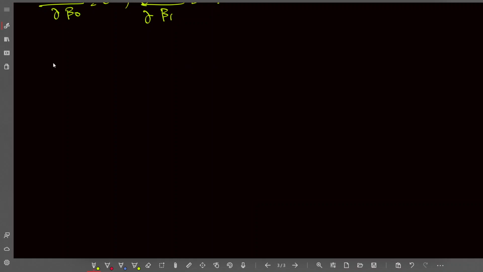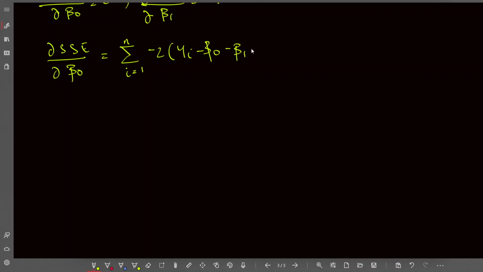First up, if I take dou SSE upon dou beta naught, I get sigma i equals 1 to n of minus 2 (y_i minus beta naught minus beta 1 x_i).